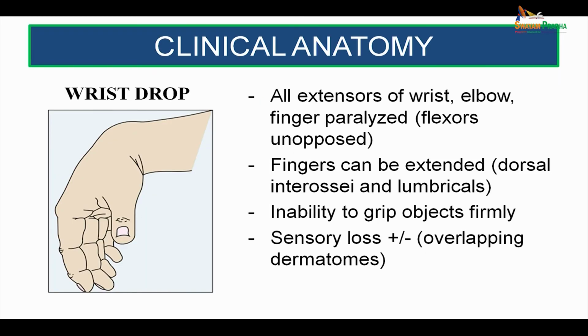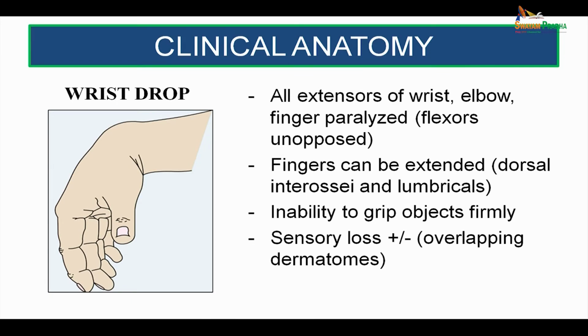Now, coming on to the different clinical aspects of the radial nerve, we consider a wrist drop where all the extensors of the wrist, elbow and the fingers are paralyzed. There is an unopposed action of the flexors, making the wrist feel like being dropped, or the wrist being in a flexed position.